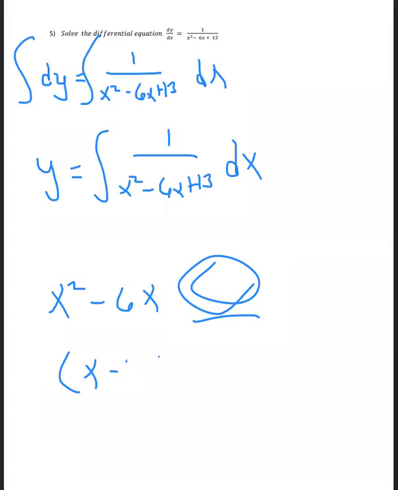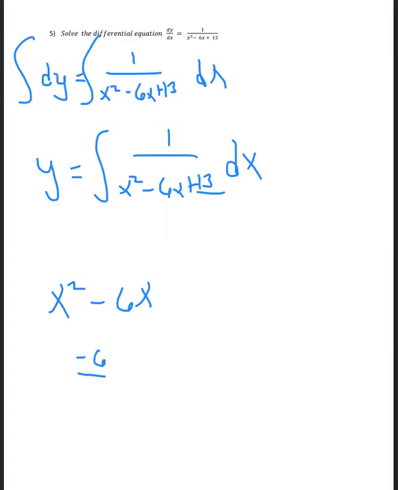So let's see. For this one, I'm gonna ignore the plus 13 for now. To complete the square of this soon-to-be polynomial, you divide the middle term by 2 and then you square it. So it's negative 3 squared, which is equal to 9. You would add the 9 over here.